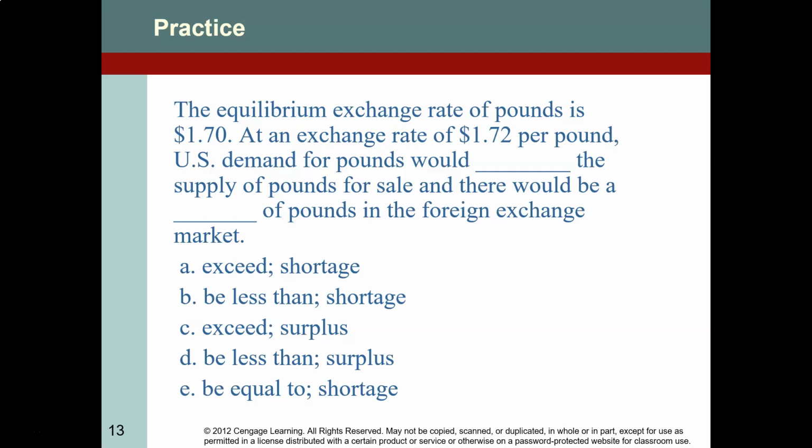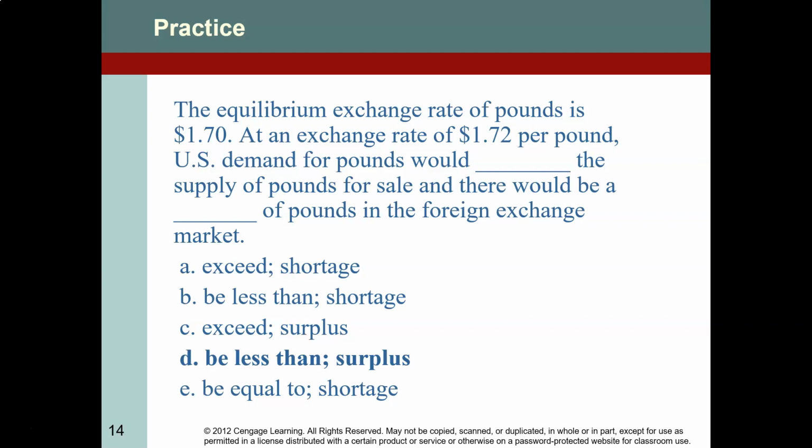If you're ready, let's look at the answer here. The right answer is less than and surplus. We know that at equilibrium, the demand for pounds should be the same as the supply of pounds in the market, at the intersection point of the demand and supply curves, right?